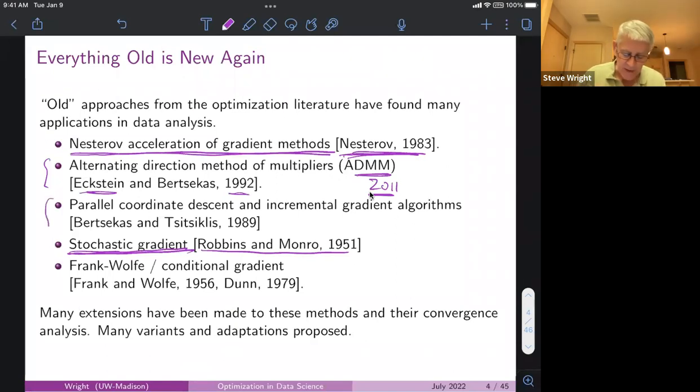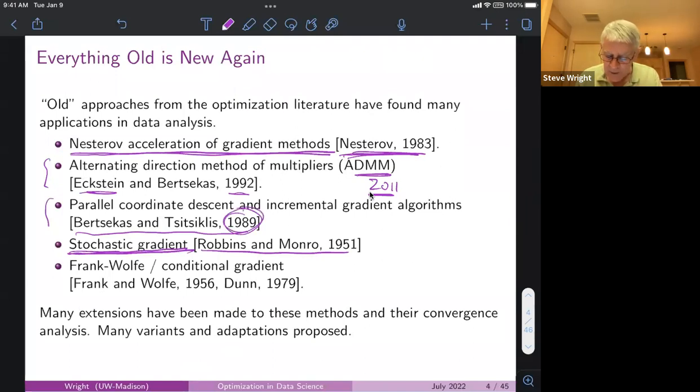Other things, parallel coordinate descent and parallel stochastic gradient. These are things that I worked on a lot about 10 years ago, but a lot of the early work in that was done by Dimitri Bertsekas and John Tsitsiklis at MIT, and they have this wonderful book from the late 80s, which again, I got a copy of at the time it came out when I was at Argonne, and we used to refer to it there.